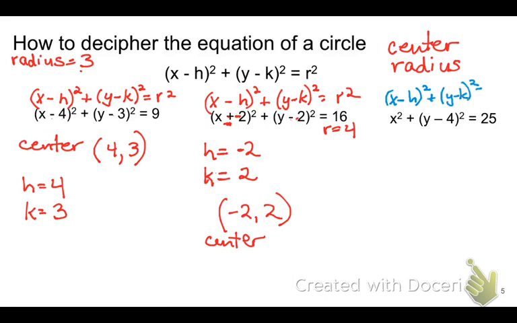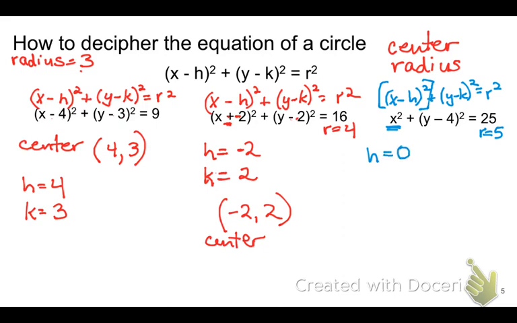Minus k squared equals r squared. Obviously r is equal to 5. But here instead of having x minus h, we just have x squared all by itself. So what does that mean? What could we do to h to turn this expression into just x squared? Well, let's try making h equal 0.